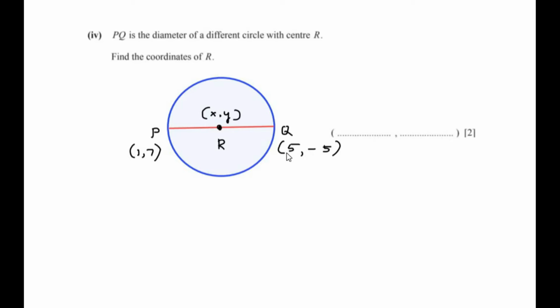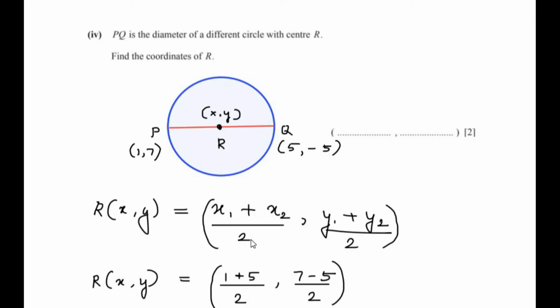Since R is acting as the center of the diameter, R becomes the midpoint of this line PQ. And we have the formula of midpoint as (x1 plus x2) over 2, (y1 plus y2) over 2. So this is the midpoint formula.